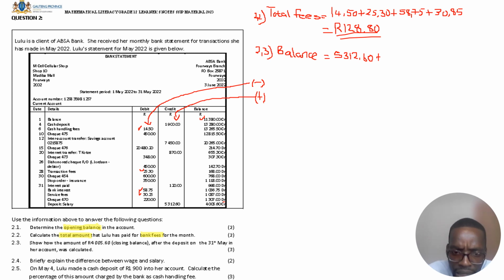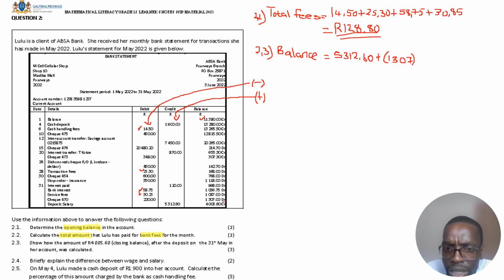Why are we saying the account was on the negative? Because it had a DR here. The DR means it's a debit balance, which means in your account there is no money. So this 5,312.60 was added to an account that had a negative. I'm just going to write my negative value in brackets there, 1,307.